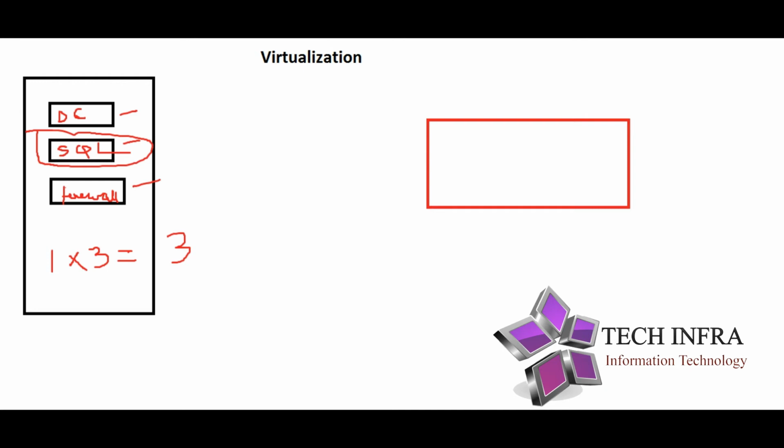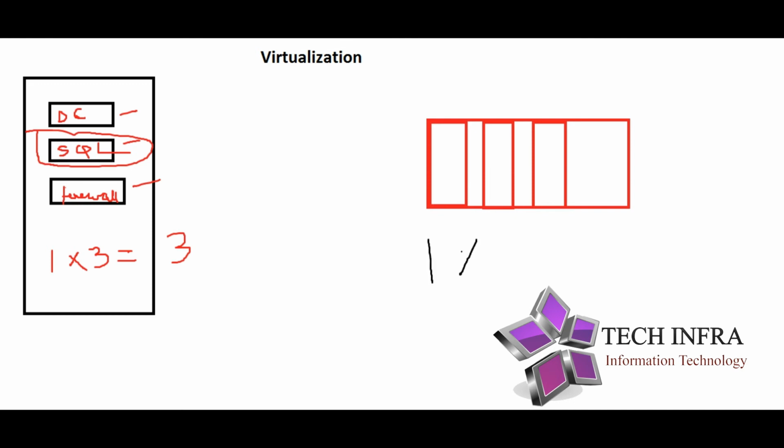Suppose this will be my domain controller, this will be my SQL server, and this will be my firewall, and you can see I am still left with one server space. Taking an arbitrary figure, this will be my one server, and the total cost of running, I'm just paying $2 per hour.